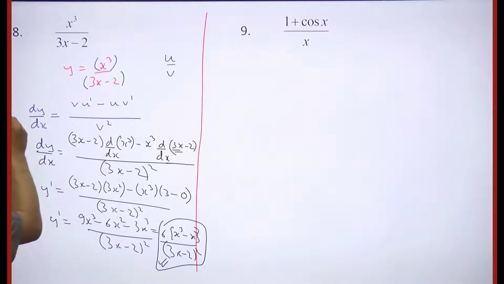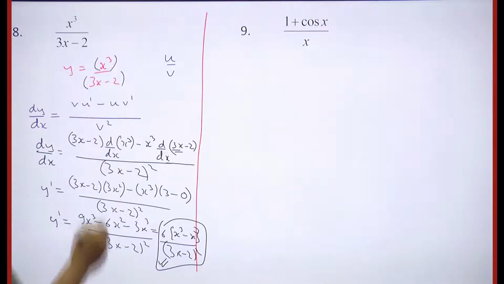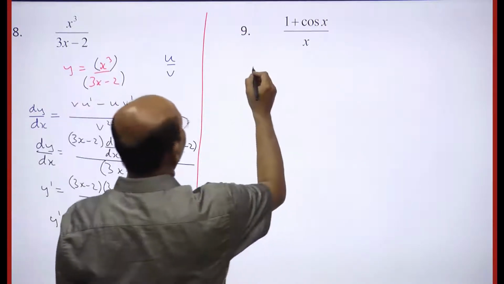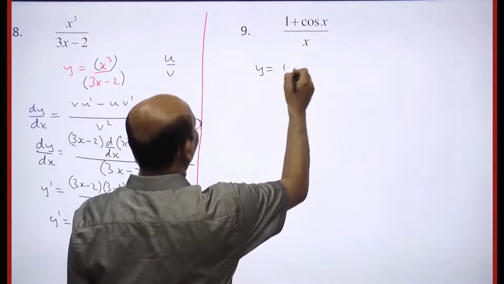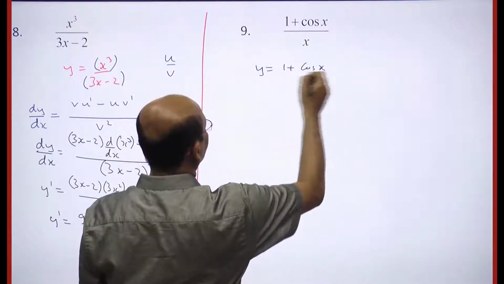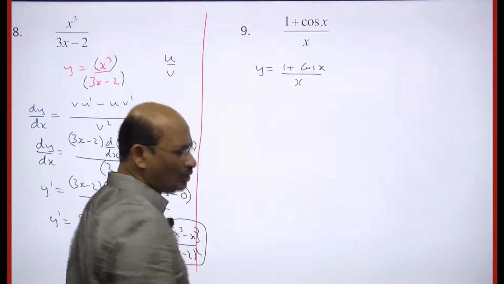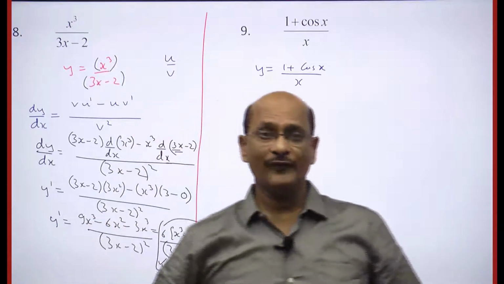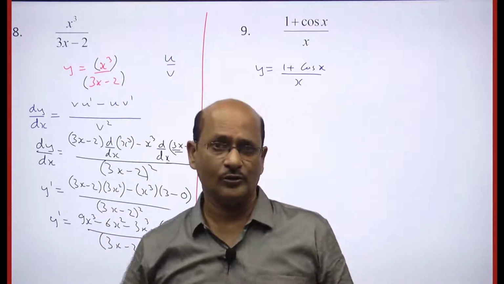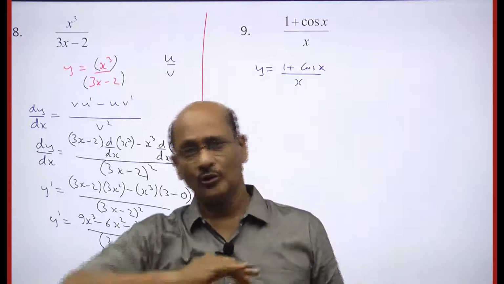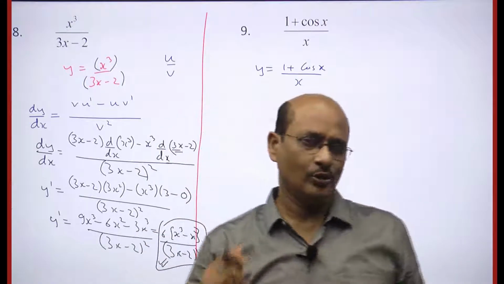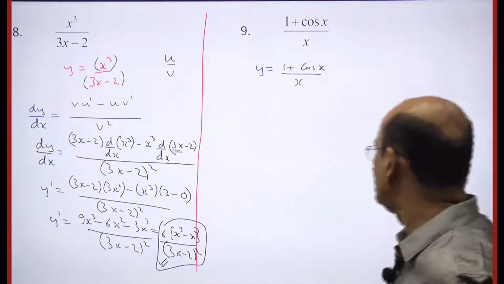Let us take the next question also now. So y is equal to 1 plus cos x upon x. And don't worry, whatever the function, you have a very standard format of rules to follow: u upon v rule, uv rule. So I don't think you should have any problem in doing that.